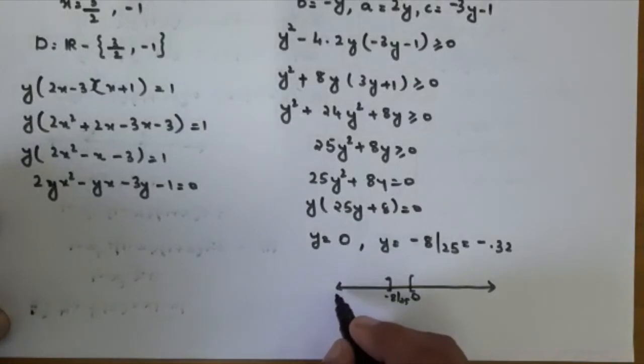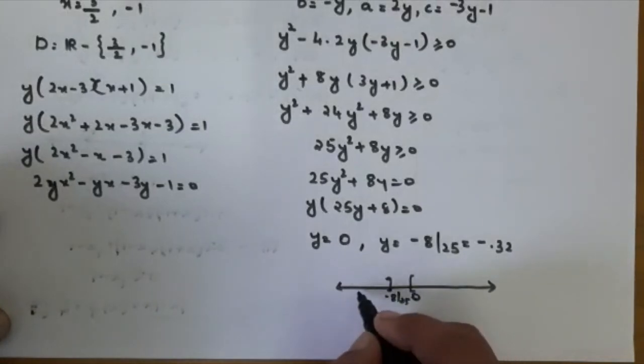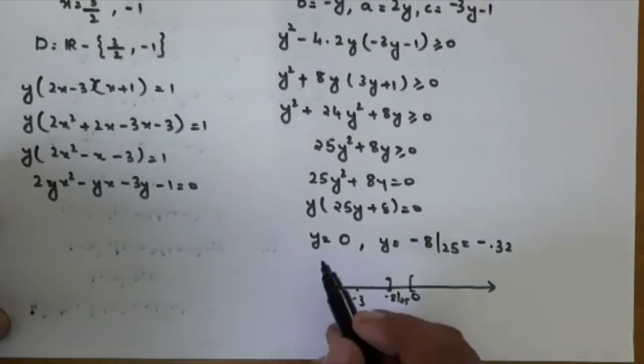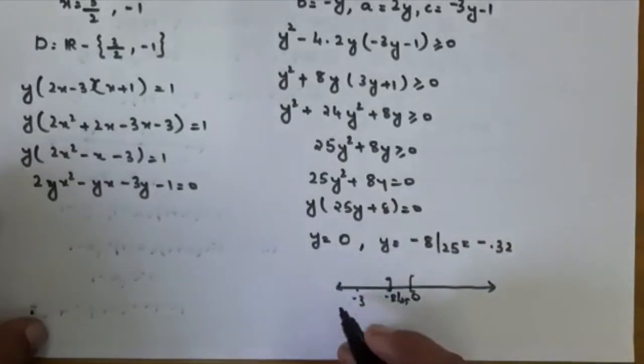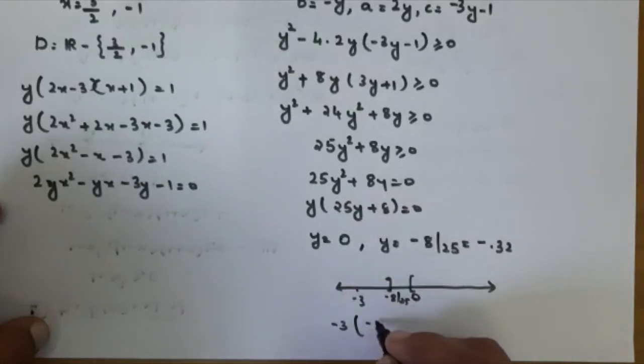First part is from minus infinity to minus 8 by 25. You take a value minus 3. Substituting this in the expression y into 25y plus 8, what will you get? Minus 3 into 25y, that is 25 into minus 3, is minus 75. Minus 75 plus 8 is negative.